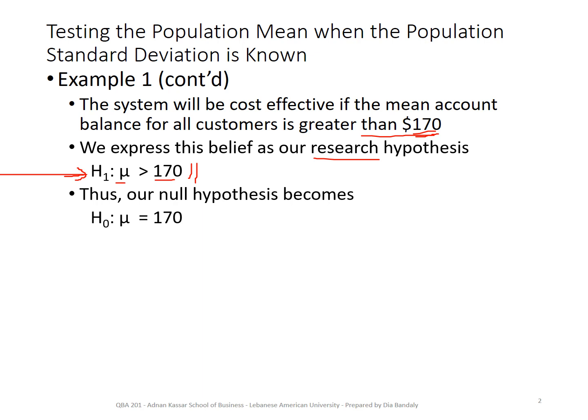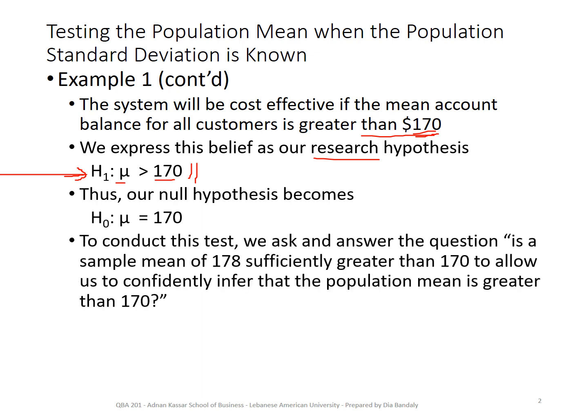Okay, so what do we know? Now that we have the hypothesis, I have collected evidence from the sample. We found that the sample mean is 178. So now the question is, is 178 sufficiently greater than 170 to allow us to infer that yes, mu is greater than 170, and this will allow us then to reject our null hypothesis?